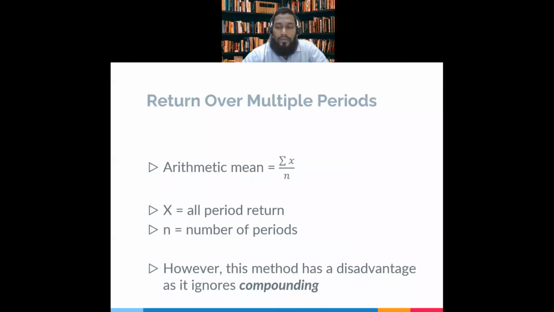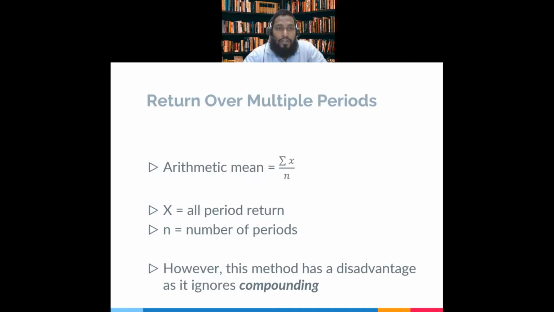Now, the holding period return gives us the understanding of the return of an asset for the time that we hold it.